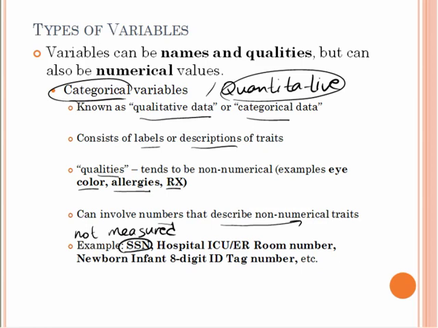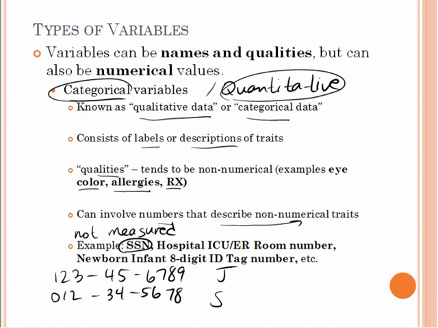So think about someone's social security number. If 1, 2, 3, 4, 5, 6, 7, 8, 9 is John's social security number, and Sarah's social security number is 0, 1, 2, 3, 4, 5, 6, 7, 8, does that mean that John's social security is better than Sarah's? Well, no, it just means that that's the identifier for that person. So this would not be quantitative because we cannot measure these things and we don't compare them.